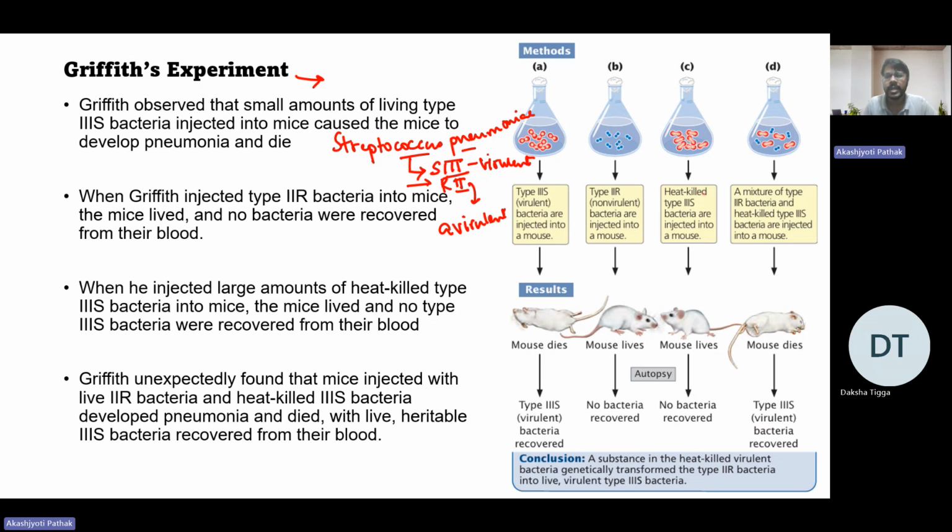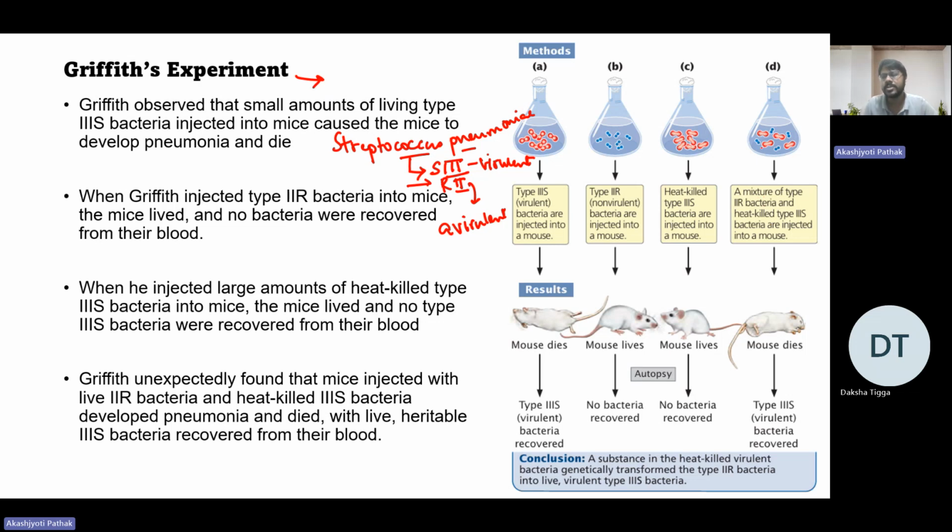Now, if heat-killed S3 type bacteria is injected into mice, because this bacteria has been heat-killed, it has lost its pathogenicity, and as a result, the mouse lives. Now, he mixed the heat-killed S3 type bacteria with the live R2 strain of bacteria, and what was the expected result?